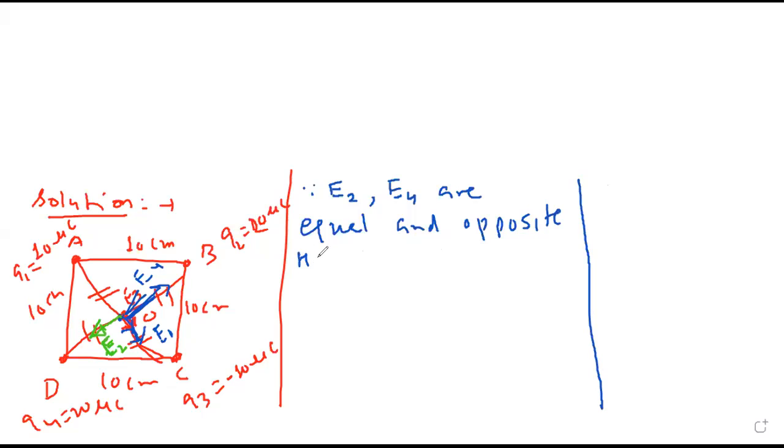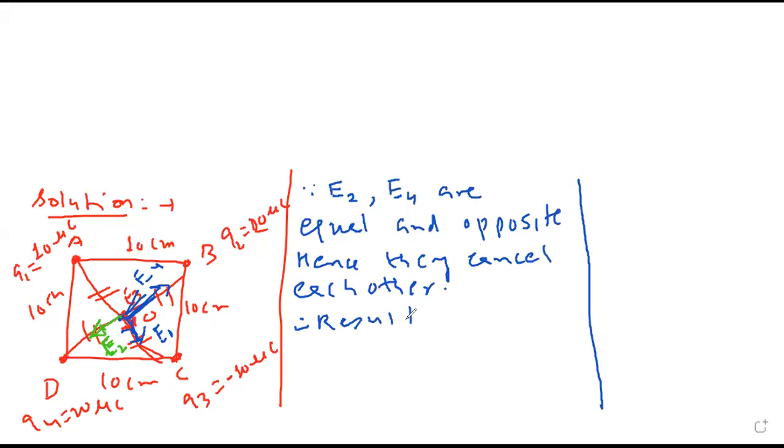Hence, they cancel each other. Therefore, resultant intensity at O, E will be E1 plus E3.